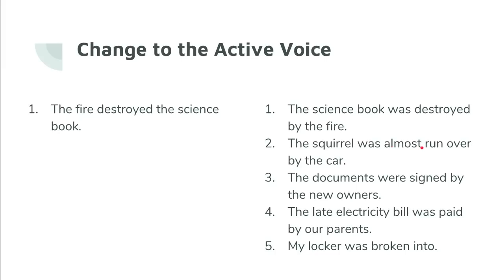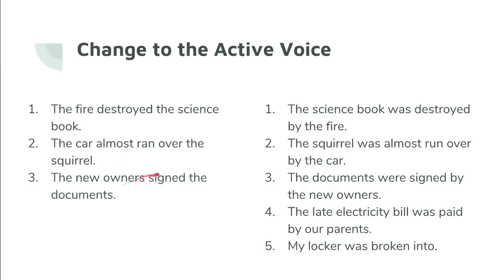The squirrel was almost run over by the car. What's actually doing the action? The car is, and it's almost running over the squirrel. So I said, the car almost ran over the squirrel. Because was is in the past, ran is in the past. The documents were signed by the new owners. The new owners should now be turned into the subject, and they're signing the documents.